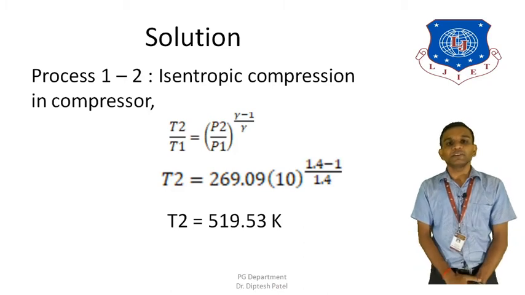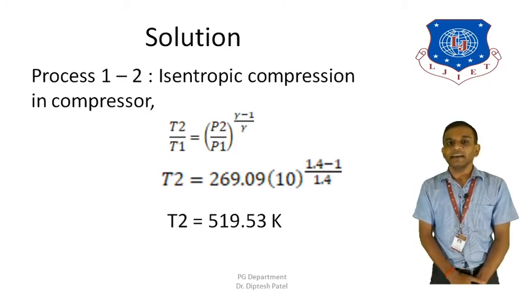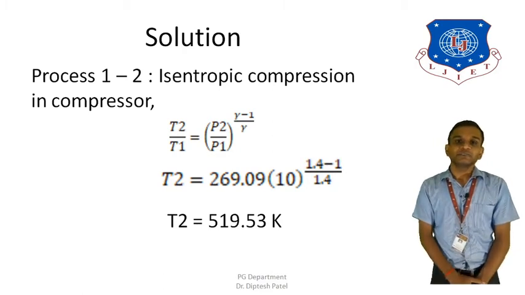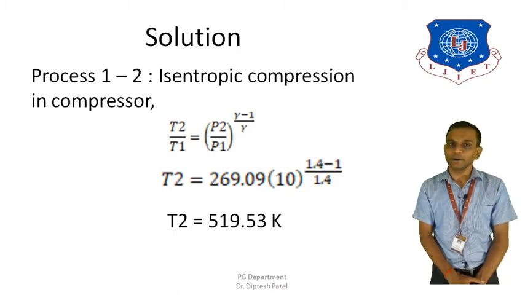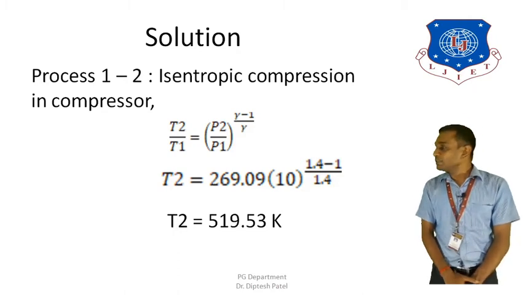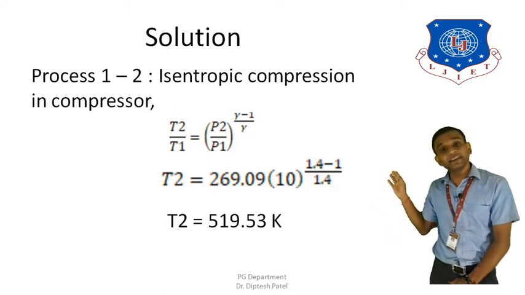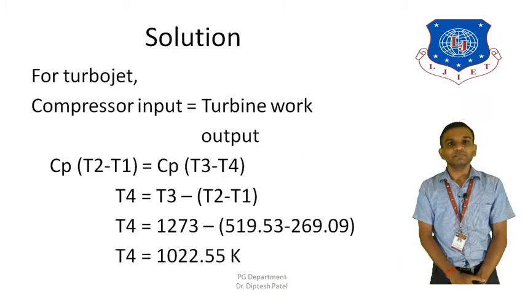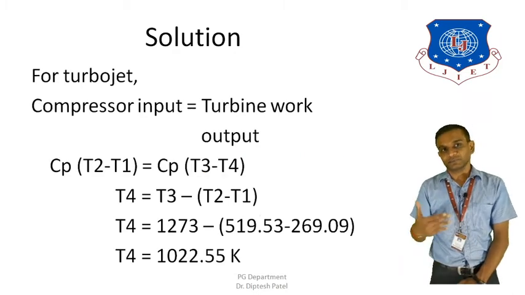So T2 is equal to, let's put the value of T1, that is 269.09, and P2 upon P1, that is the pressure ratio that is given to us, that is 10. So 10 raised to 1.4 minus 1 upon 1.4. So by calculating we can get the value of T2, and that is 519.53 Kelvin. Now let's move forward for the further process.